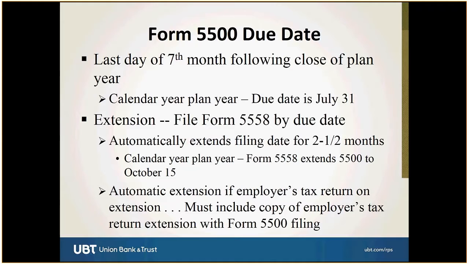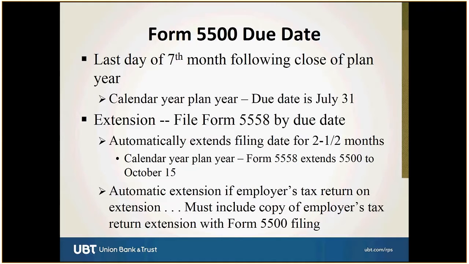The other way is you can get an automatic extension on your 5500 if the employer's tax return is on extension. What you do there is include a copy of the employer's tax return extension with the Form 5500, but that extension is going to end earlier than October 15th.